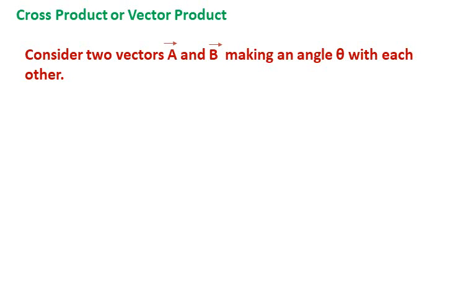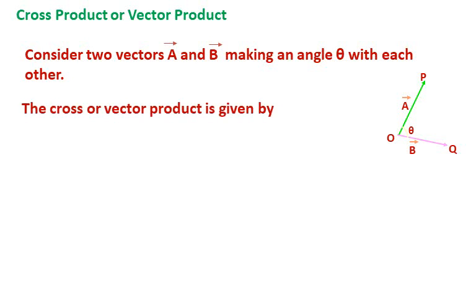Consider two vectors A and B making an angle theta with each other as shown. Then mathematically the cross or vector product is given by A vector cross B vector equals the magnitude of vector A multiplied by the magnitude of vector B into sine of the angle between them.